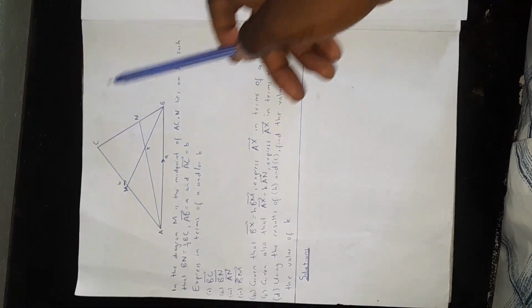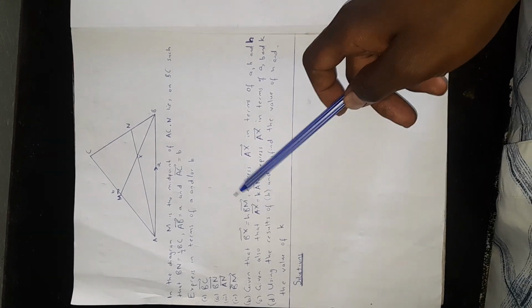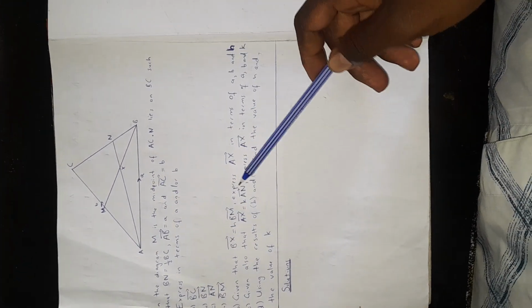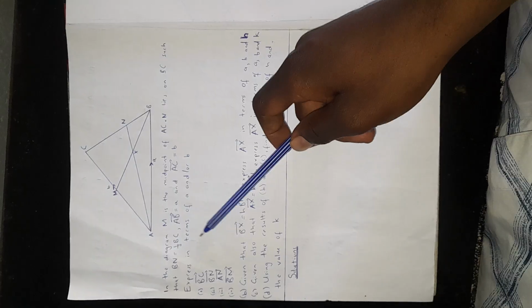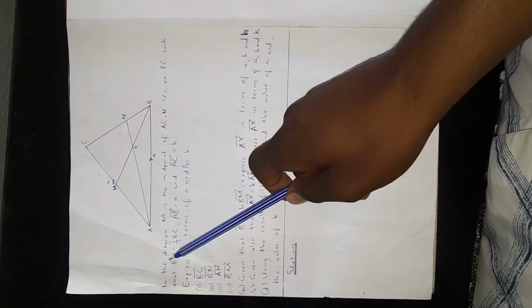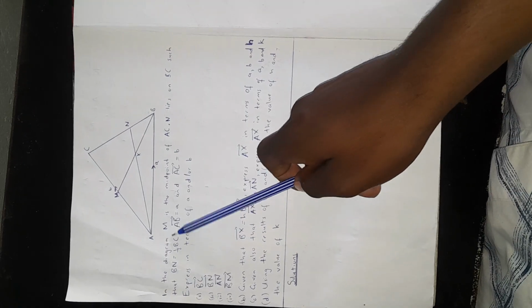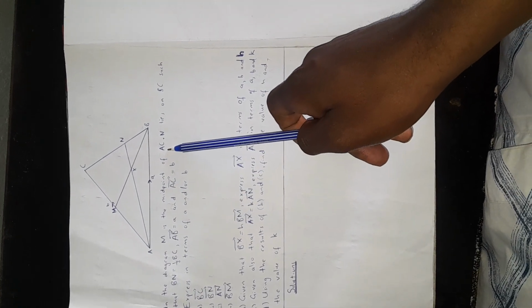This is typically an examination question, this is for vector 2. This is another question for vector 2. As you can see, you'll be given a triangle like this, and this information in the diagram: M is the midpoint of AC.